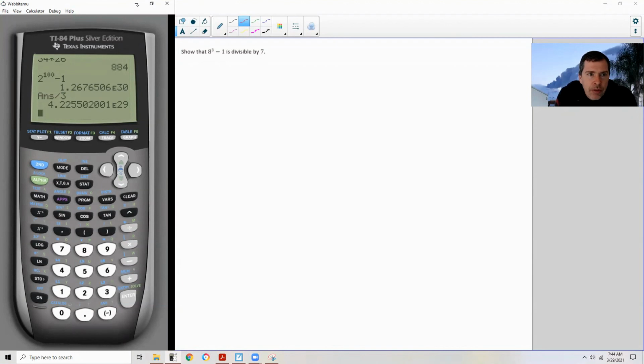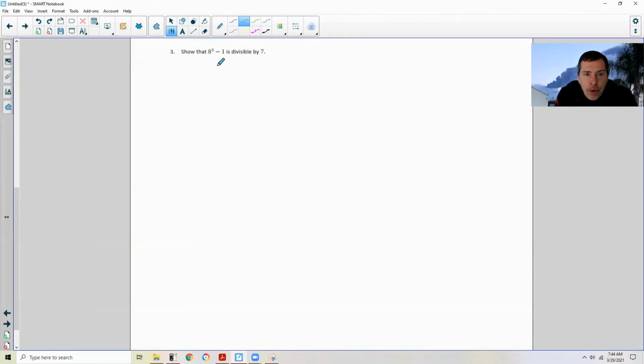But now we're going to say, well, if this is x and this is a, then 8 cubed minus 1 is going to equal 8 minus 1, x minus a, times 8 squared plus 8 to the first power plus 8 to the 0 power, and then all the way out to a to the 1, which is 1.